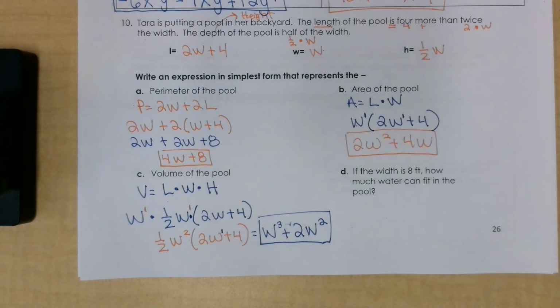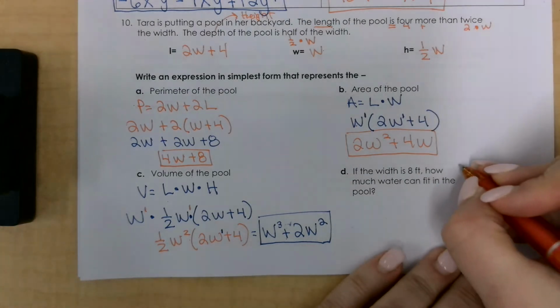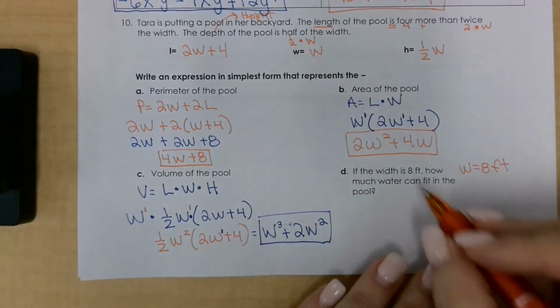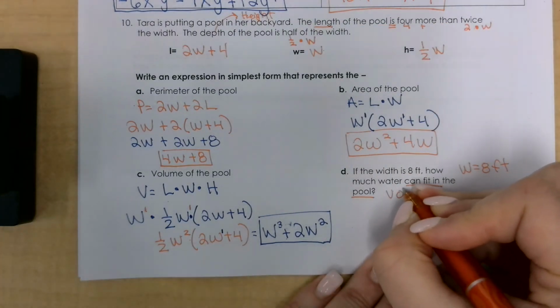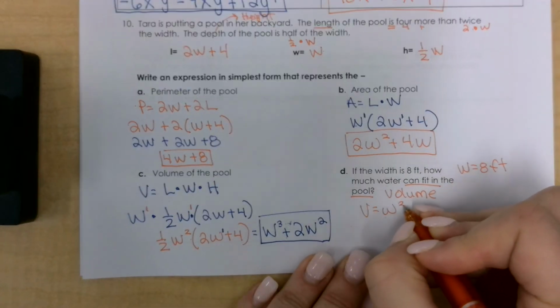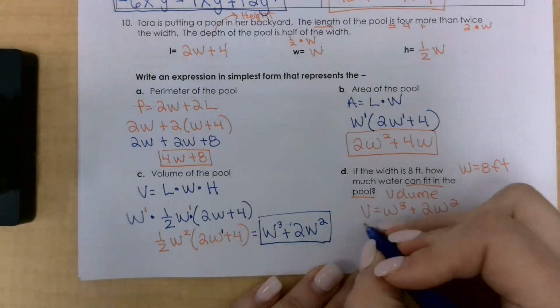And here it all comes together, right? I said we can simplify these expressions, and if I know width equals 8 feet, I can find how much water can fit in the pool, which does indicate volume. So since I know volume equals W cubed plus 2W squared, I'm going to substitute 8.